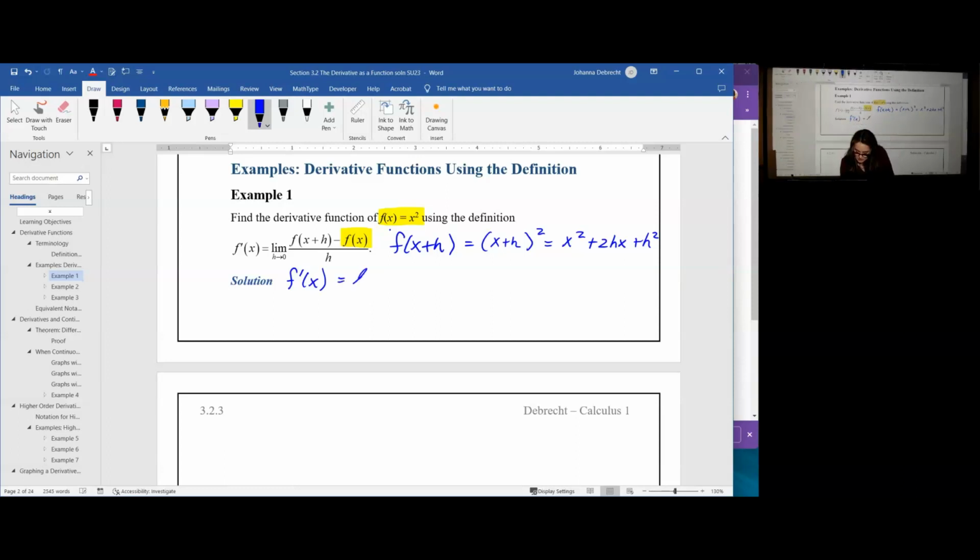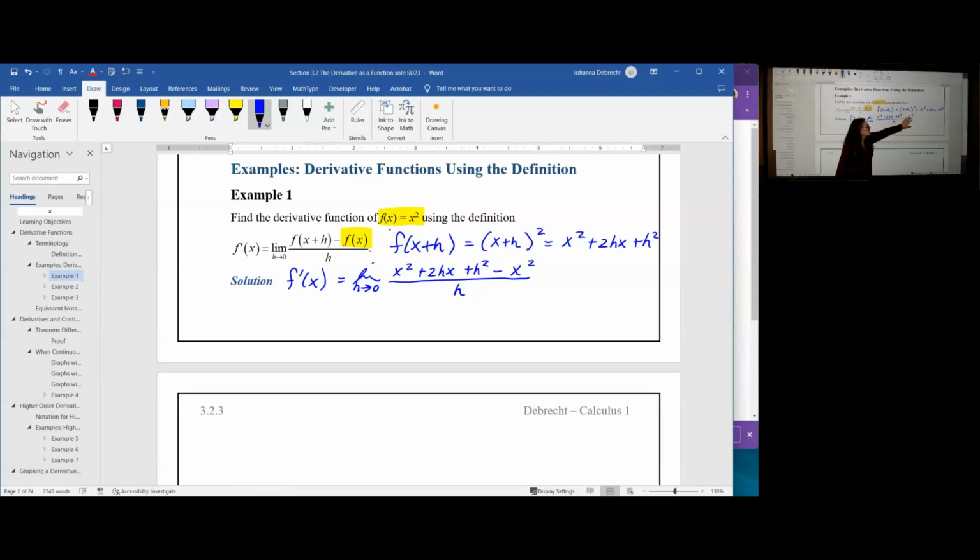This becomes the limit as h, or delta x, goes to 0 of x squared plus 2hx plus h squared minus x squared, all divided by h. The first thing we always try is to substitute the value that the limit is approaching, which is 0.